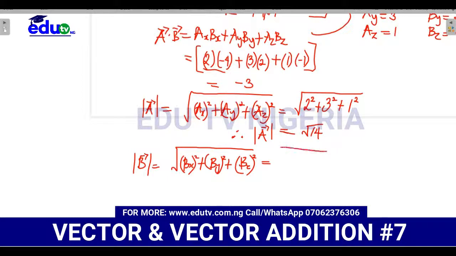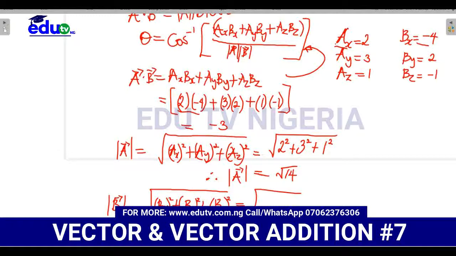Let's check these very well. bx is minus 4, so minus 4 square, plus by is 2, so 2 square, plus bz is minus 1, so minus 1 square.